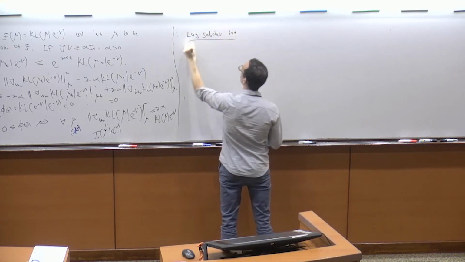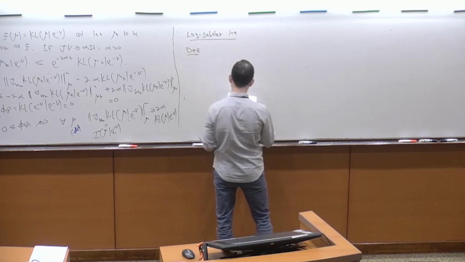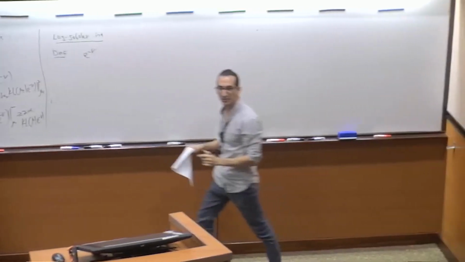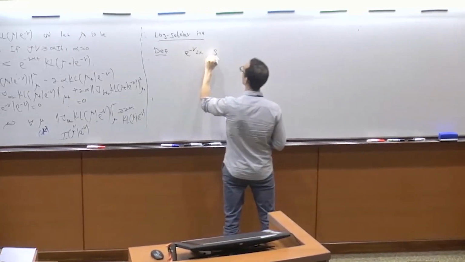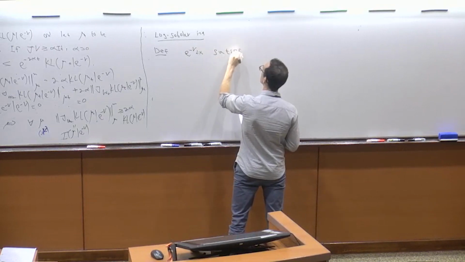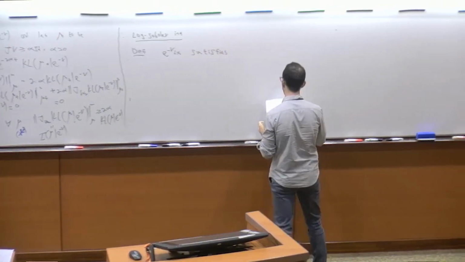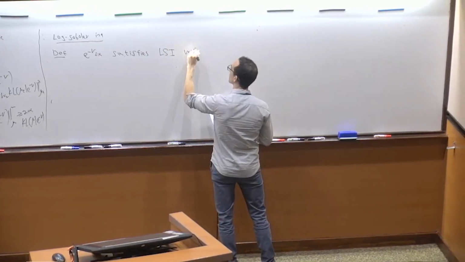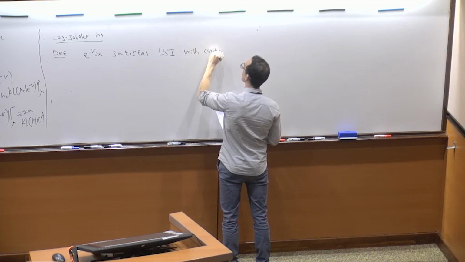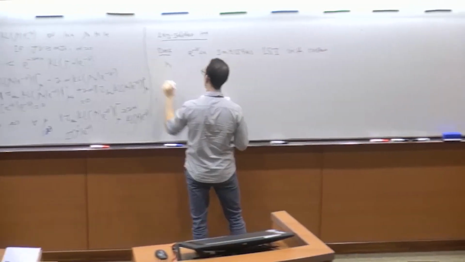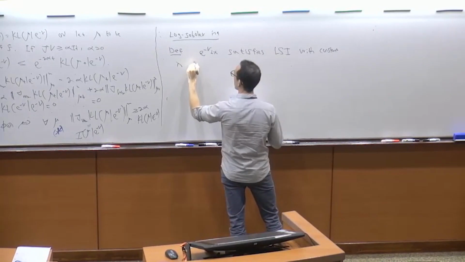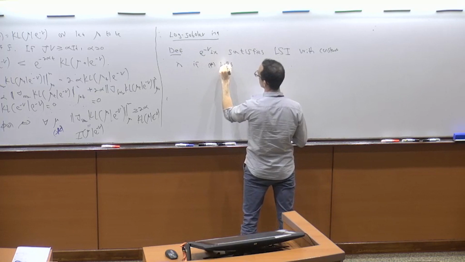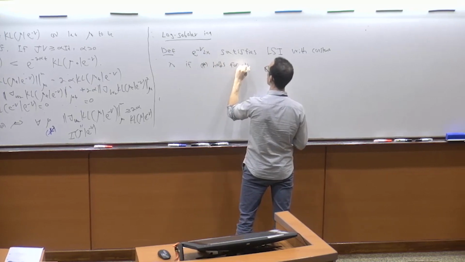So log-Sobolev inequality, here's the definition. We'll say that e to the minus V, we assume that it's a probability measure here, satisfies LSI, where LSI is log-Sobolev inequality, with constant lambda if star holds for all mu.